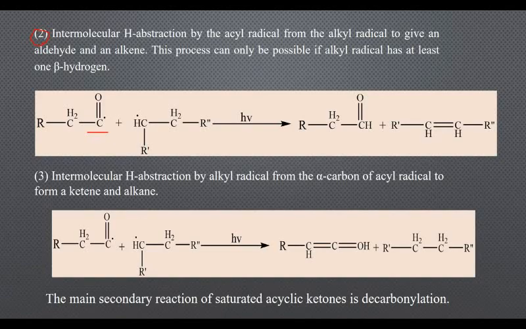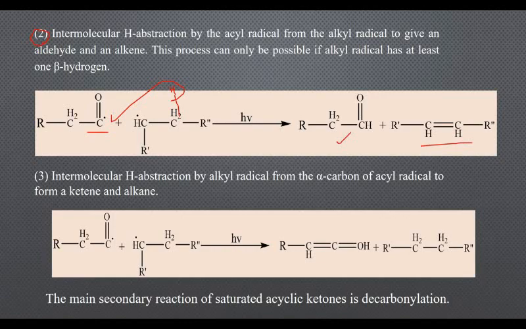First was the decarbonylation of acyl radical, then there is a possibility of hydrogen abstraction. One hydrogen from here is abstracted by this acyl radical so that it is converted into aldehyde, as shown here, and an alkene is formed.